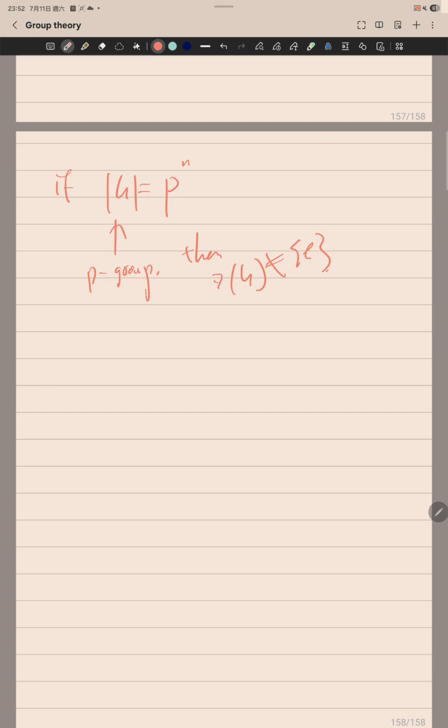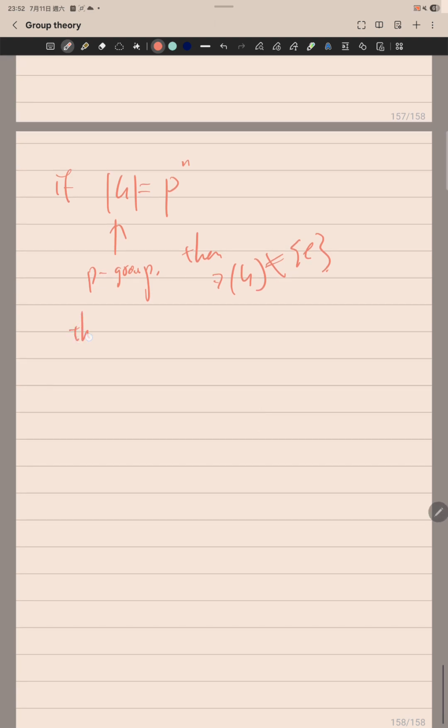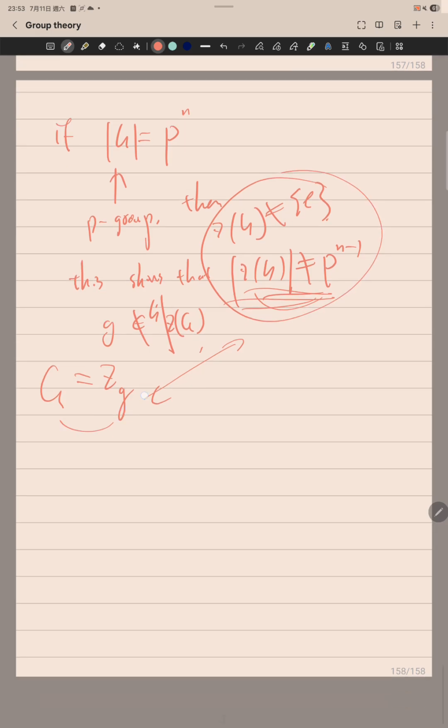And indeed, this actually gives you a stronger result: the center cannot be of order p to the n minus 1. Because if the center had that order, I could do the same proof. I can take some g outside the center and consider every element commuting with g, which will force it, by the order argument, to be G. So these are two stronger results: Z(G) is not the identity, and Z(G) is not of order p to the n minus 1.